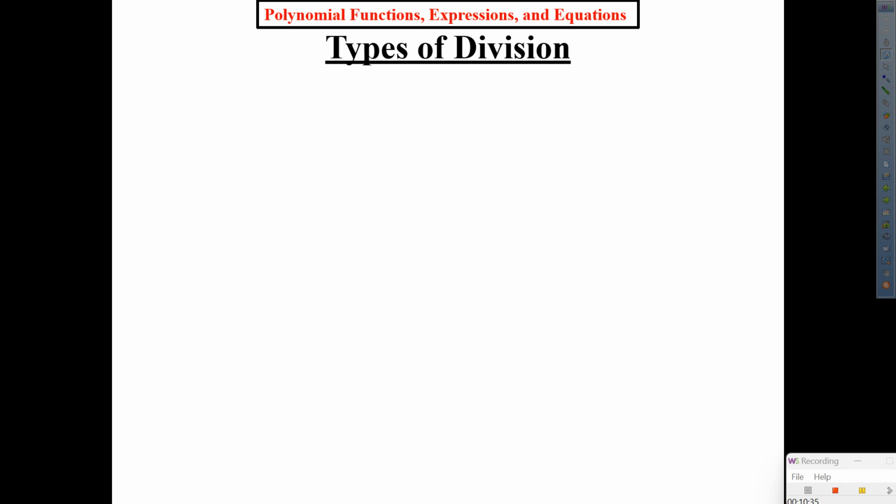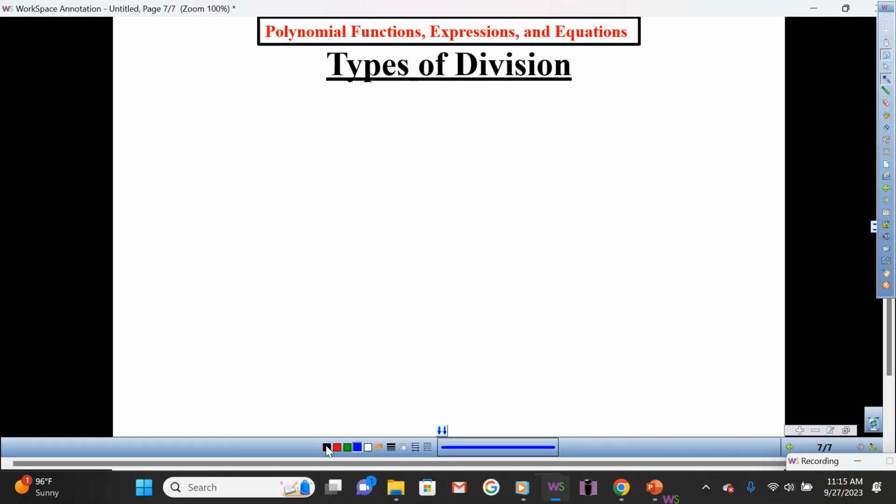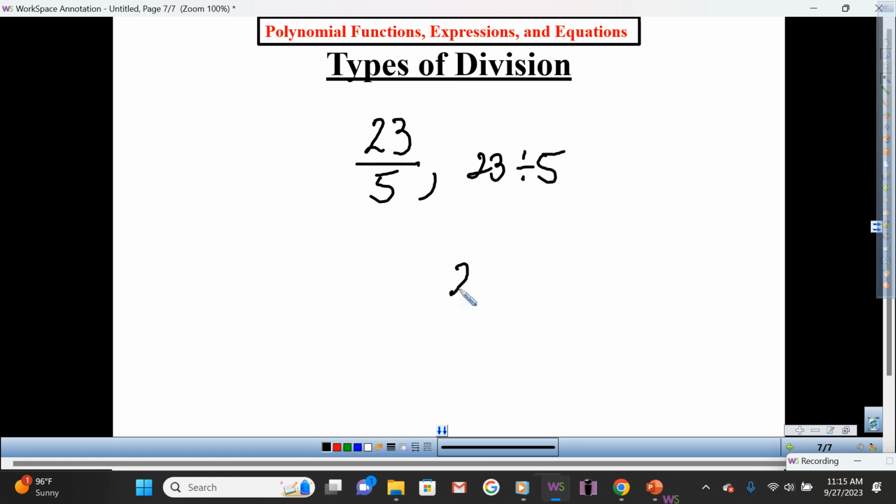Here it goes. So if I was to give you, let's say, a problem such as, give me a number, 23 divided by 5. It's the same as 23 divided by 5, which means 23 goes inside, divided by 5. So far so good, yes?